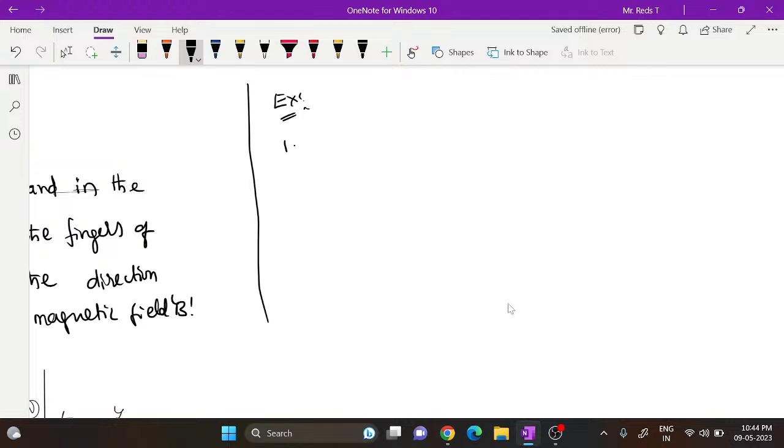First case, we have a horizontal wire in which current I is flowing from left to right, from A to B. Due to this, what is the magnetic field at a point P above the conductor?